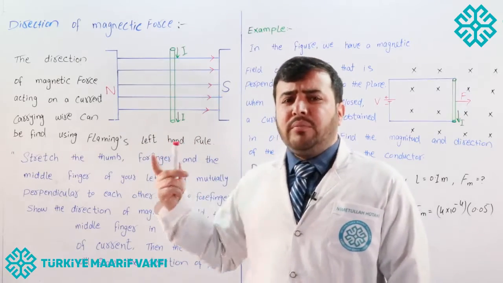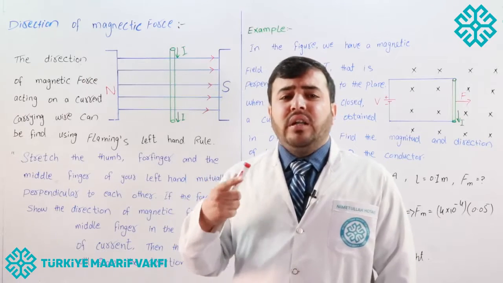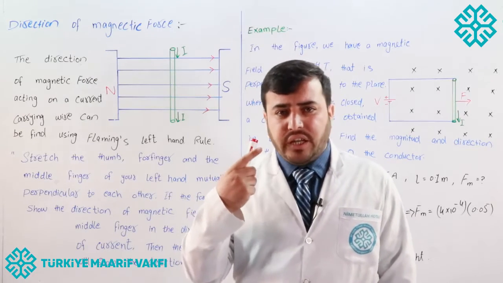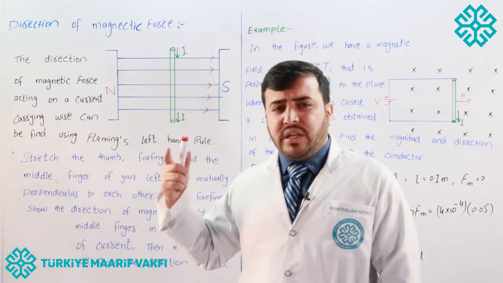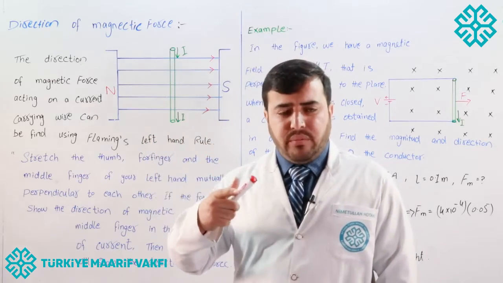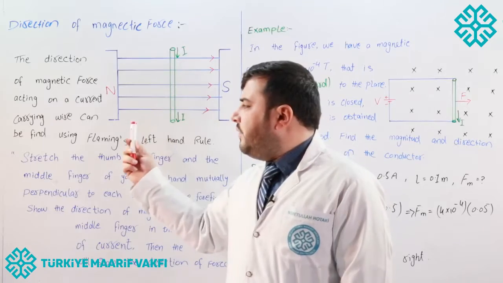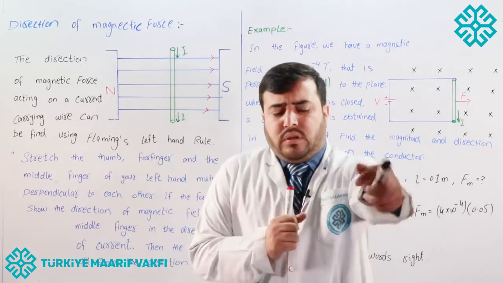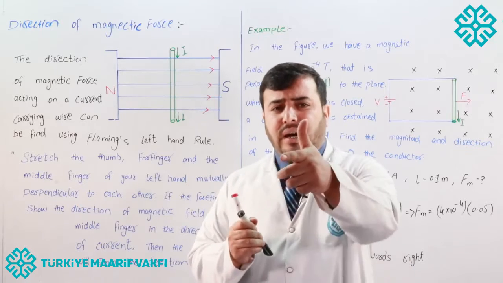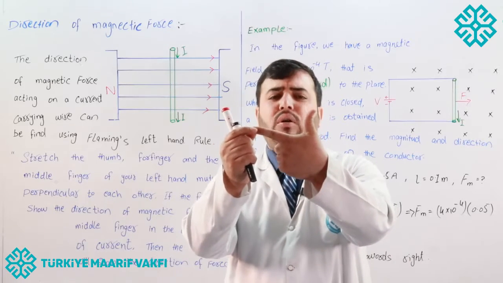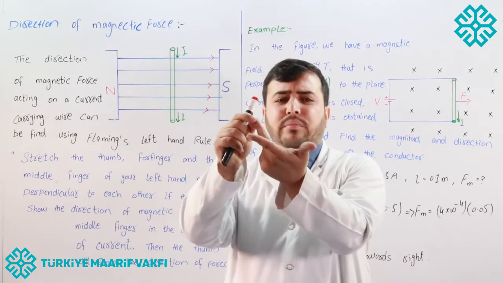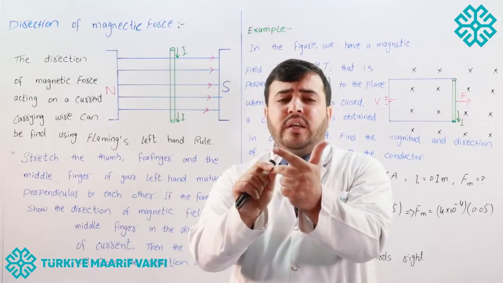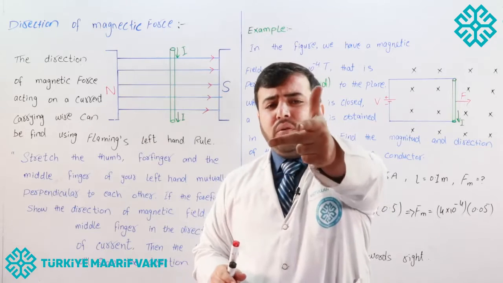This force can be found using Fleming's left hand rule. The direction of the force acting on a current carrying conductor placed in a magnetic field can be found by using Fleming's left hand rule. According to this rule, stretch your thumb, first finger or forefinger, and the middle finger in directions such that they are mutually perpendicular to each other.